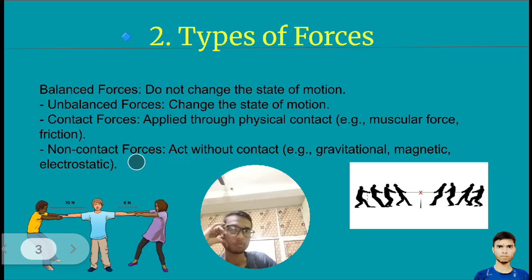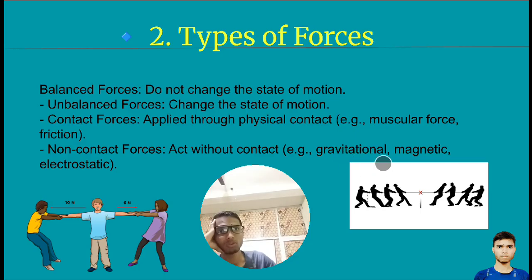Next are the non-contact forces. They act without contact. You will not be able to see contact with gravitational, magnetic, and electrostatic forces. Yes, you will not be able to, but still there would be contact, but not completely.